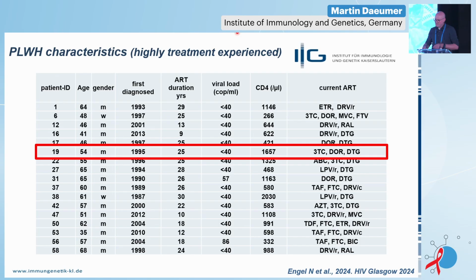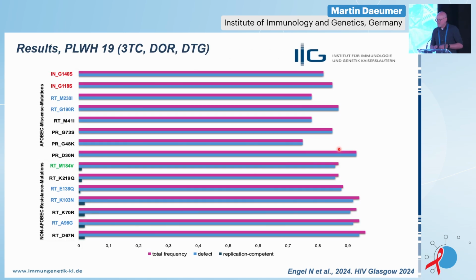This patient has been infected for a long time, since 1995, and is right now on 3TC, doravirine, and dolutegravir. If you put all these mutations together, irrespective of where they are coming from, there were integrase mutations already: one G118S, which is not the typical resistance mutation but may indicate that something is going on.